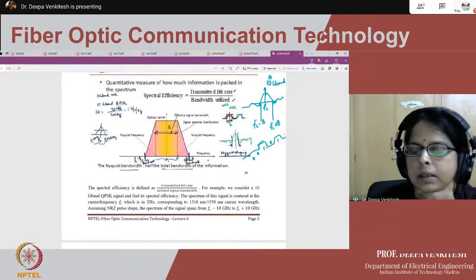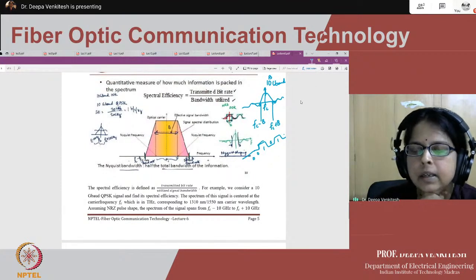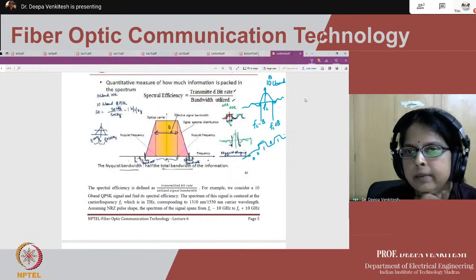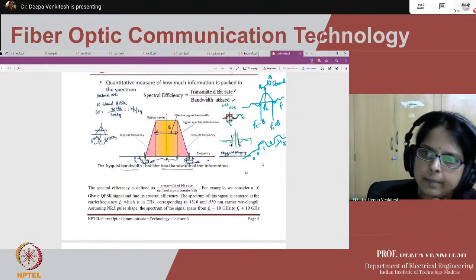Now, Nyquist's theorem tells that the sampling rate to transport a given bandwidth should be at least twice the bandwidth. That is your Nyquist theorem. But here, what we are talking about is Nyquist shaping. For example, if this is power spectral density, so let's say this is power and the x-axis is frequency, and here it is time along the x-axis.